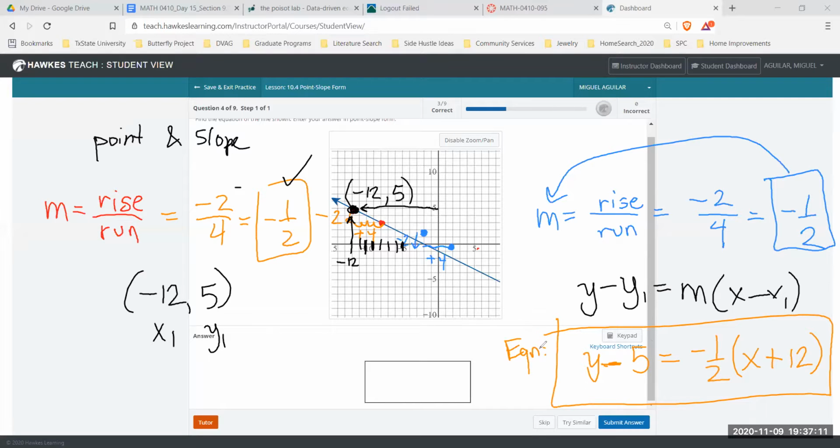And so there's an infinite number of equations that will work for this particular problem. Because if you didn't choose -12, 5, and you chose a different point on the line, let me erase some of this.